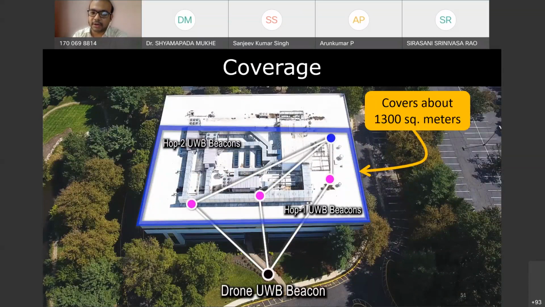That is almost 75% of the building we are covering by flying just one drone on one side. And if you want to cover the entire building, you can have one more drone covering the other face of the building. In that way, if this kind of a building is on fire, we can track all the people inside the building who are carrying these devices and also give them communication bandwidth.